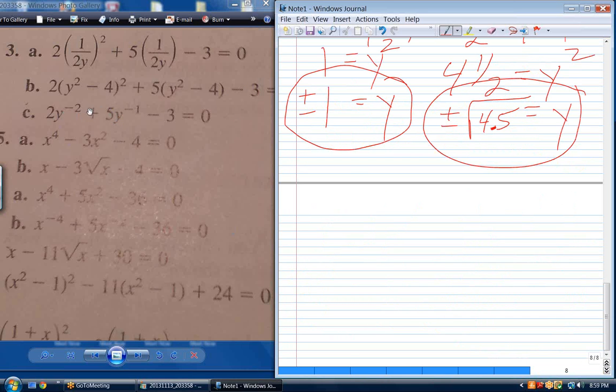C is actually very similar to A. It's just written differently. It's written with negative exponents instead of putting that in the denominator. What is y to the minus 2 equal to? Just in general, how can I rewrite that?